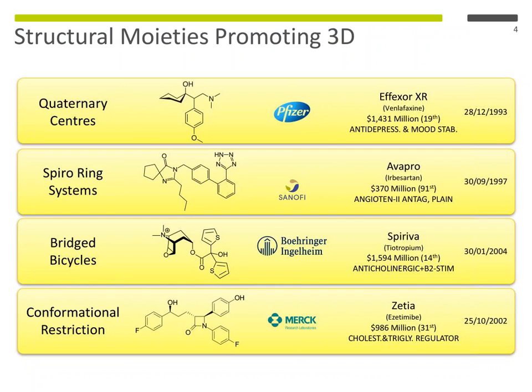Bridged cycles, bridged bicycles, Spiriva here from Boehringer, and then also conformational restriction, exemplified here by Zetia at Merck. And you can see these are quite big blockbuster drugs, and looking through the top 200 drugs that are on the market, there's a considerable amount of them that contain these kinds of moieties. So they're definitely of interest in meeting unmet therapeutic need.